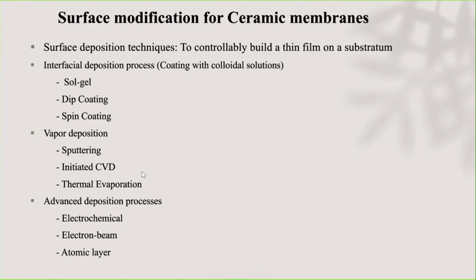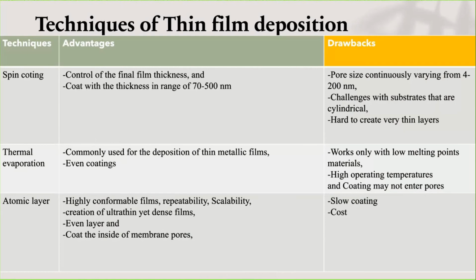There are a variety of thin film deposition processes. Here we have some examples. Techniques of thin film deposition. Here I chose 3 subtypes of the main types of thin film deposition that we saw earlier, to examine the advantages and drawbacks of them being used for ceramic deposition for the technique of DCMD.